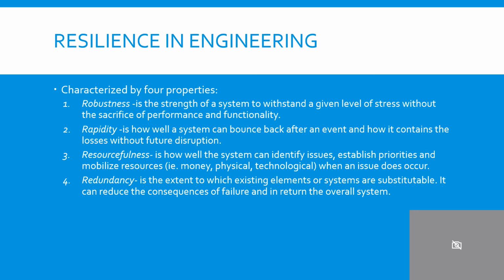It reflects how well a system can absorb the stress, which lowers the likelihood that damage occurs in the system. The next characteristic is rapidity, and that is how well a system can bounce back after an event and how it can contain the losses without any further disruption into the system. Rapidity can contribute to the overall recovery with a better performance recovery.